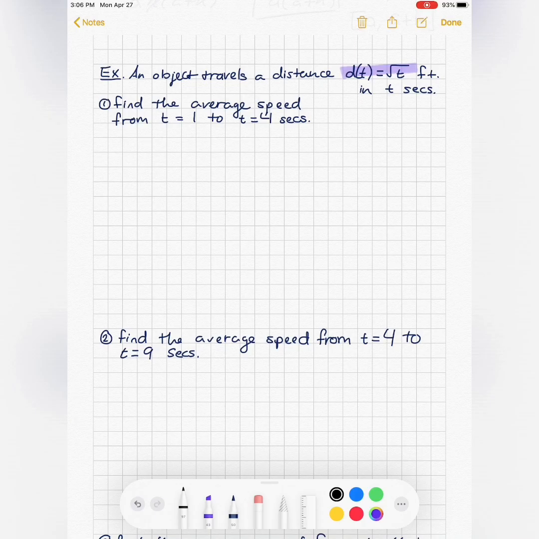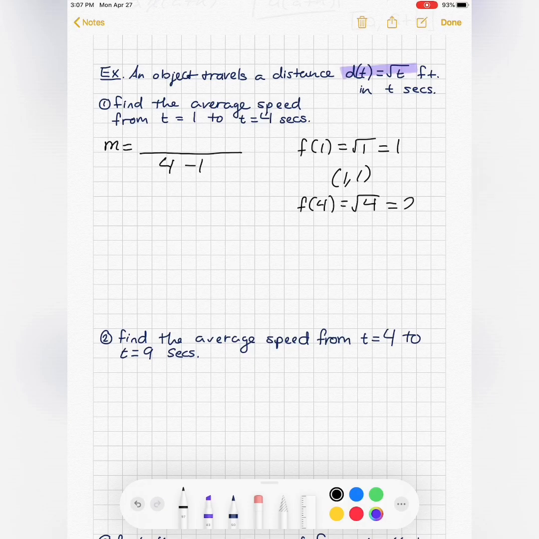So let's see. The average speed, it's going to be my average rate of change. And I have to find these values. So f of 1, square root of 1 is 1. So I'd have the point (1, 1). f of 4, square root of 4 is 2. (4, 2).